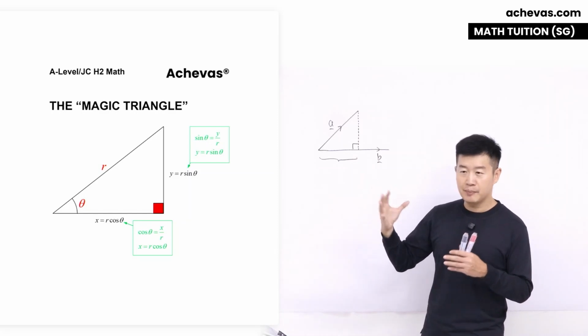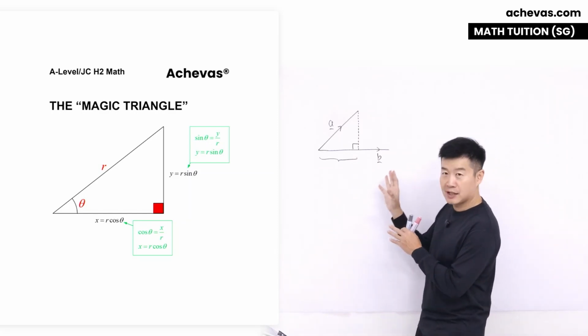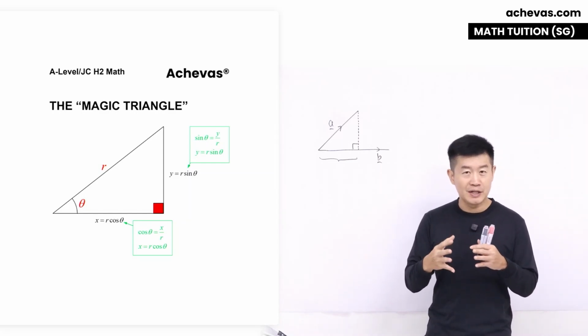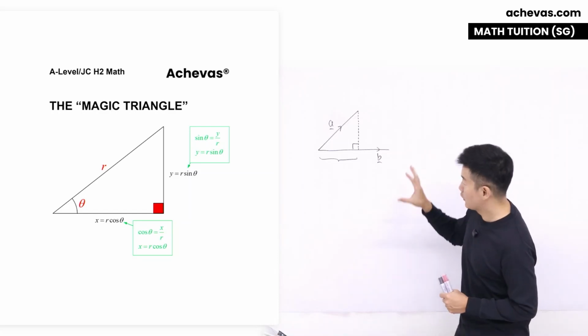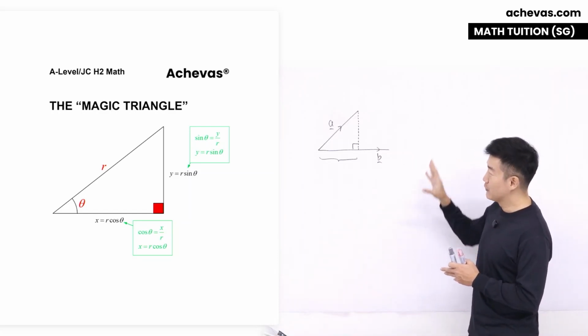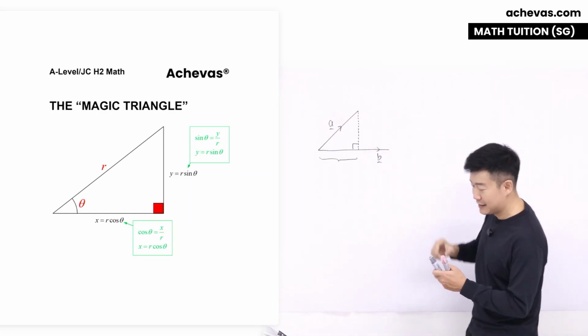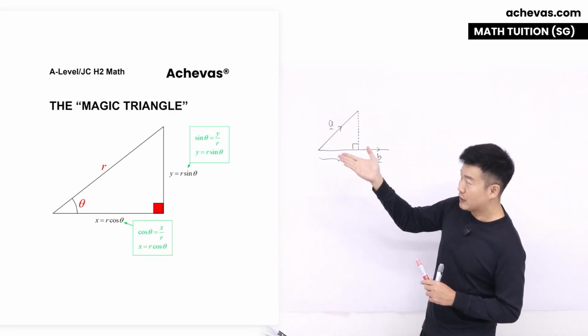So the magic triangle provides us an interface between what we can visualize and the math rules and equations that we can use related to vectors. The first thing I'm going to do is find the magic triangle in this scenario. I don't think it is difficult to guess which one it is.